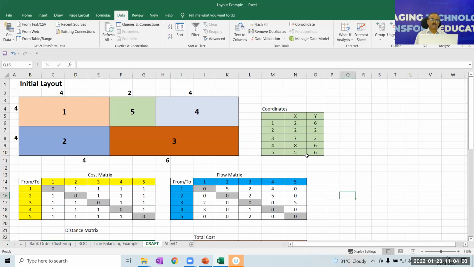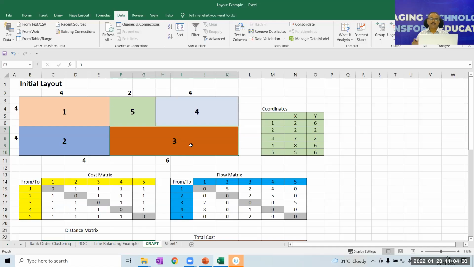There are different techniques available. CRAFT is one such technique, the Computerized Relative Allocation of Facilities Technique. This is basically a layout improvement technique. Whatever initial layout you have, you may improve it based on pairwise exchange. For example, this is the layout wherein we have department 1, department 2, department 5, department 4, and department 3.